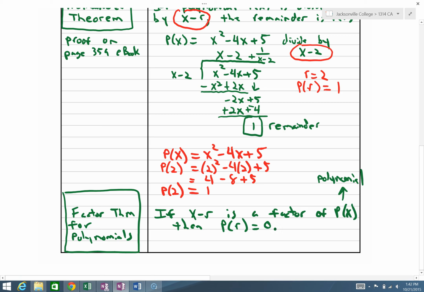And in fact, this is an if and only if. It works both ways. If P of r is equal to 0, then x minus r is a factor.